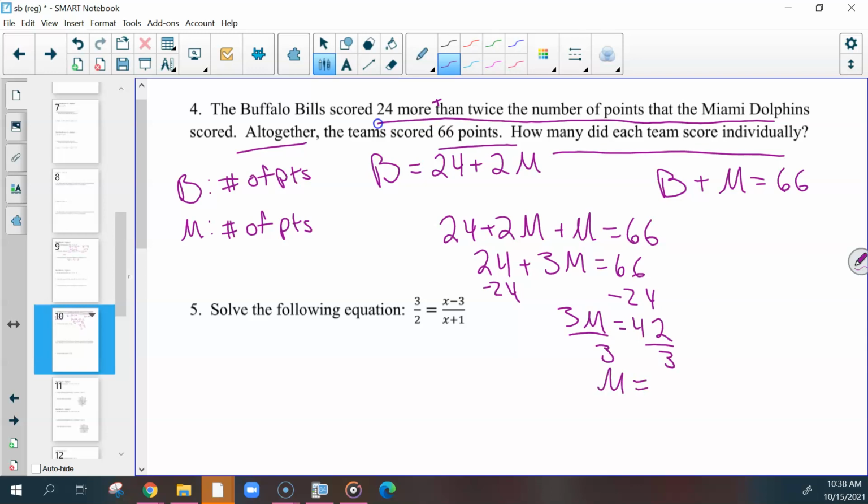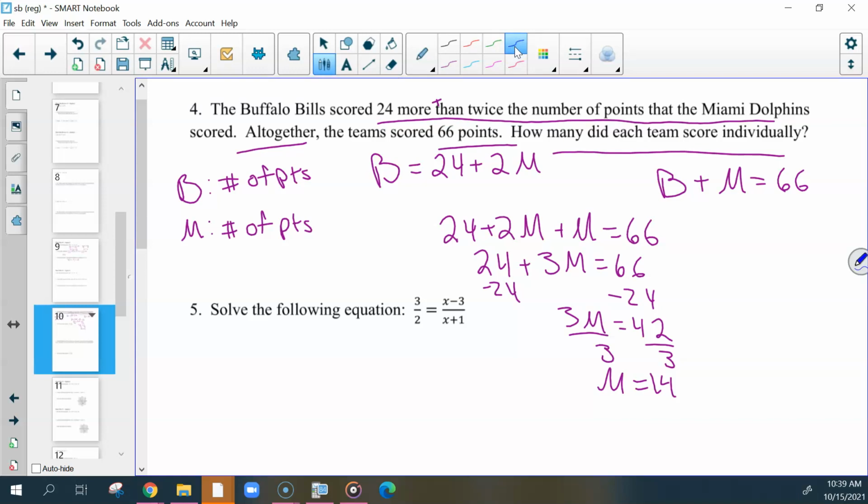What is that, 14? That sounds right. Yeah. And then once we find one, we can put that back into the other and find the other.